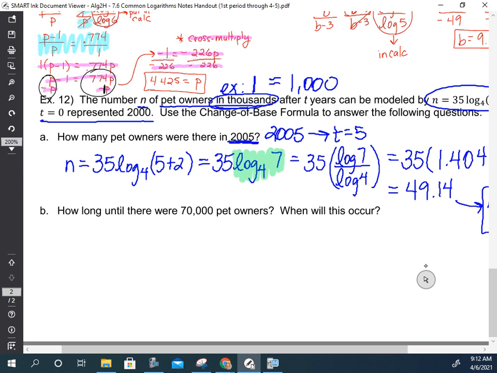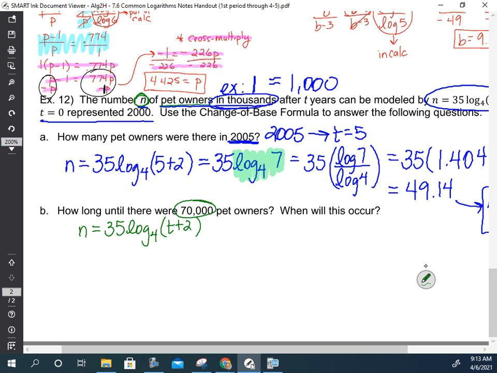So, how long until there are 70,000 pet owners? I told you N was the number of pet owners. So that means you're taking the equation they gave you and using 70,000.